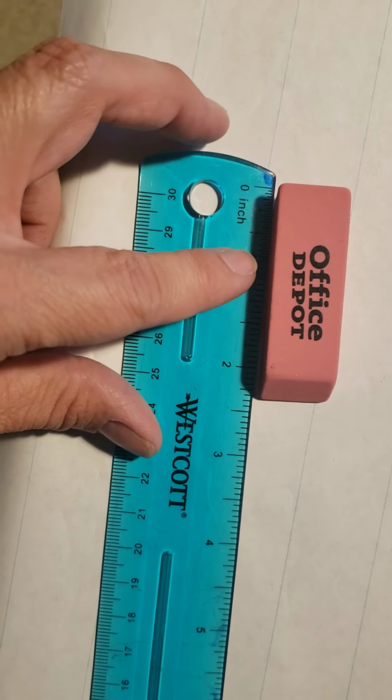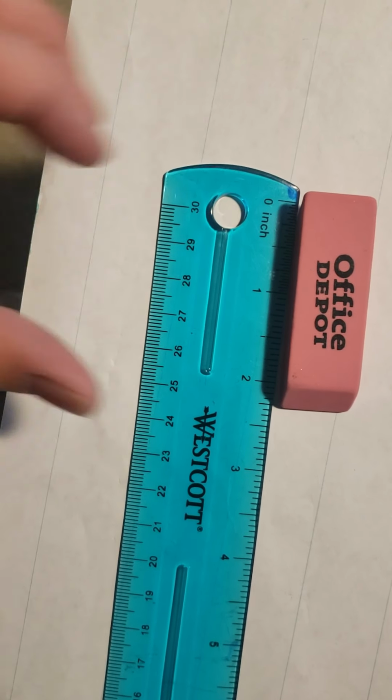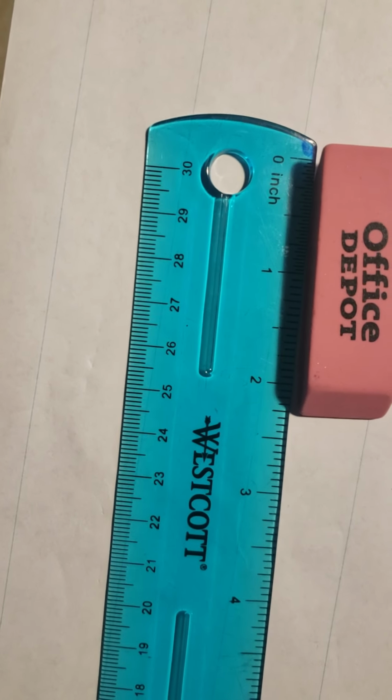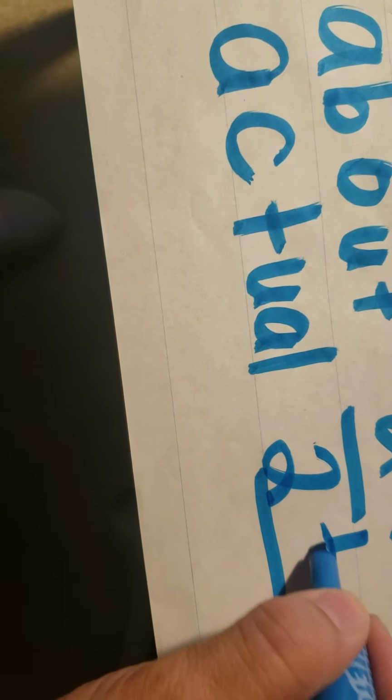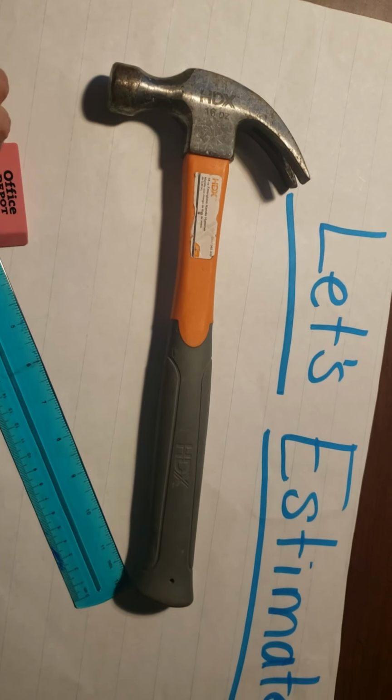That is super important. And when I start right there at the 0, it's about 2.5 inches. So I got pretty close. The actual is going to be 2, and then this is how we write a half. We learned that in fractions. 2.5 inches.